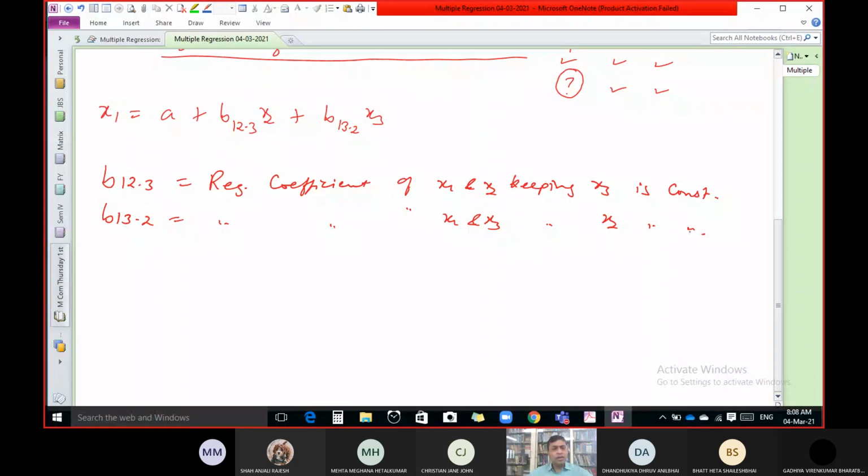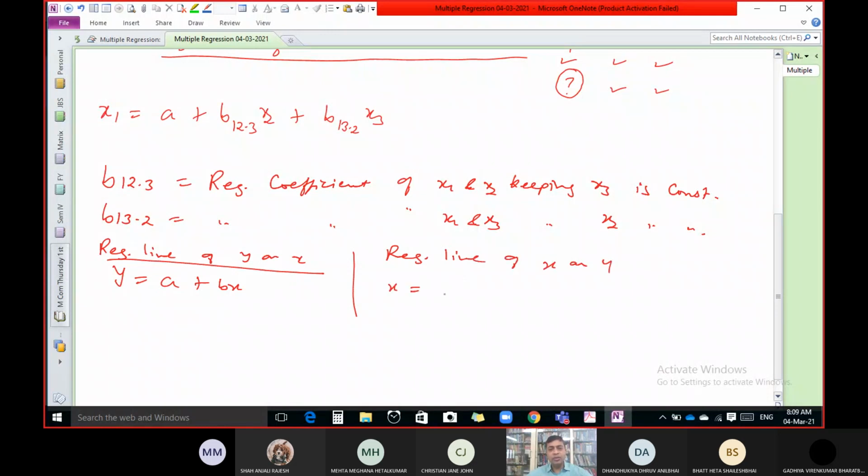See, if you recall, there is the regression line of y on x, so y equals a plus bx. There is another regression line of x on y, so it is like x equals a plus by, but this b is denoted by byx here, and here b is denoted by bxy.